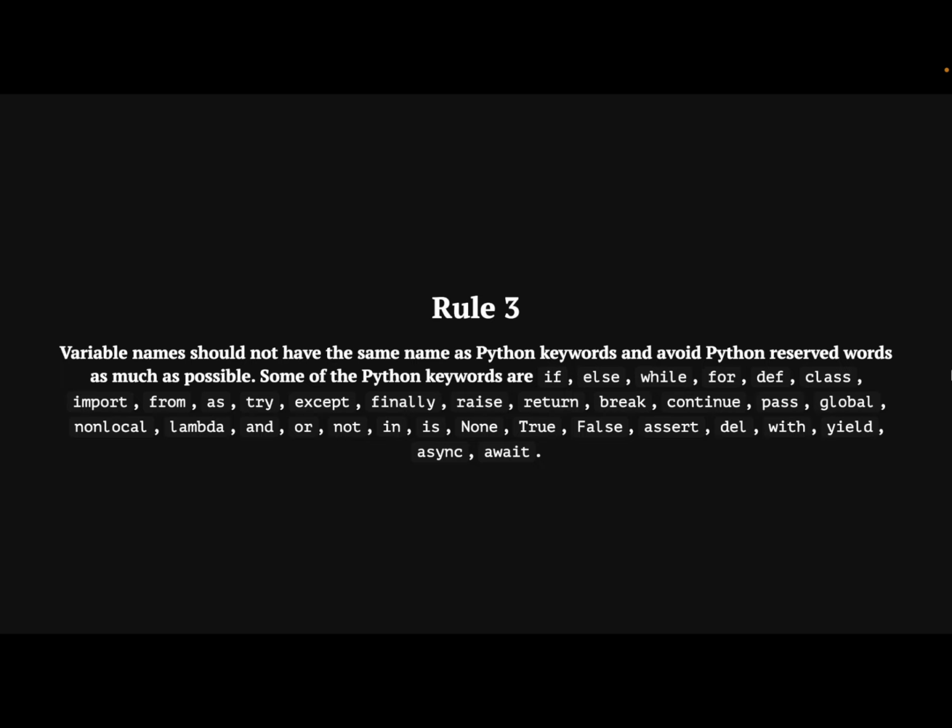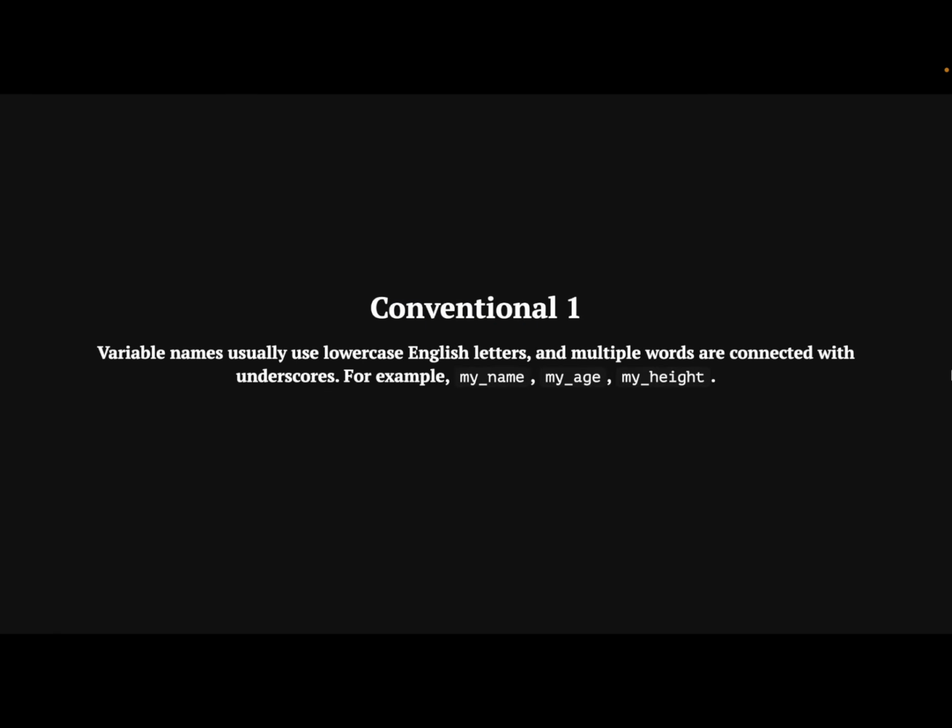The next one is the conventional part. Convention 1. Variable names usually use lowercase letters, and multiple words are connected with underscores. For example, my_name, my_age, my_height. Convention number 2. Protected variables begin with a single underscore. Convention number 3. Private variables start with two underscores.